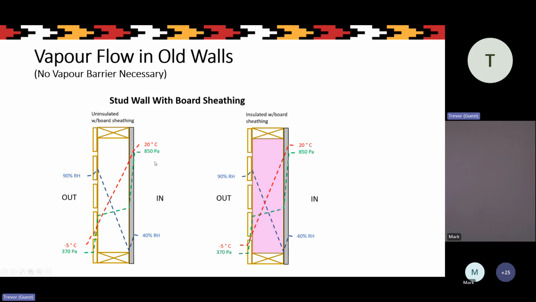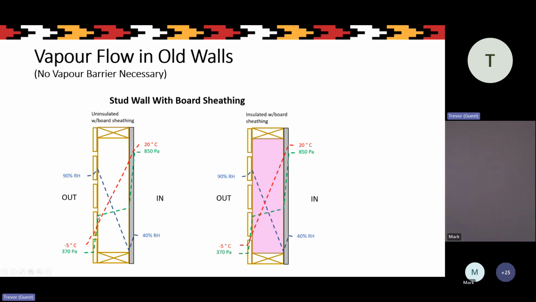On the other hand, for your vapor pressure, you've got two things. The air has no resistance to vapor flow. The plaster has a certain amount, and the board sheathing has a certain amount. So we've got to get at some point from indoor vapor pressure to outdoor. And if what's on the inside is even a little bit more vapor closed, or less vapor permeable, than what's outside, you'll get a bigger drop across this first material than across the second material.